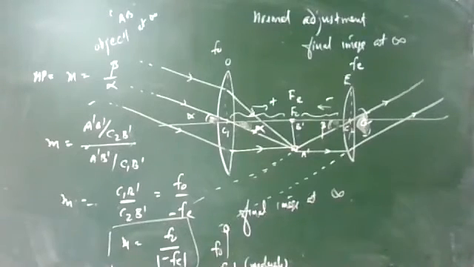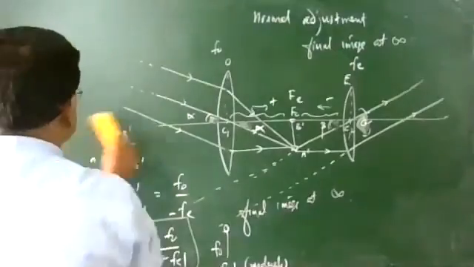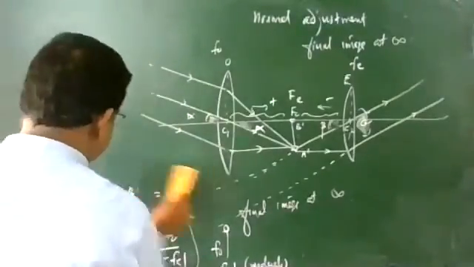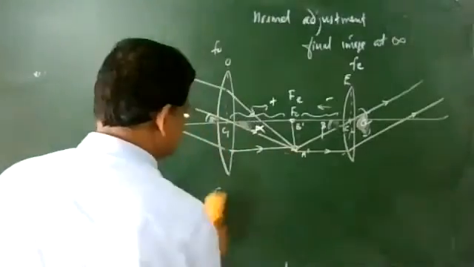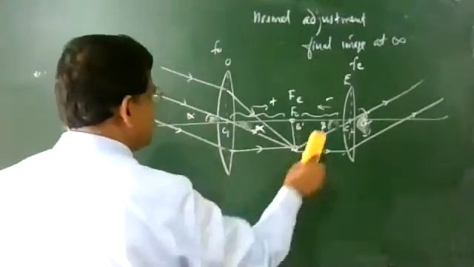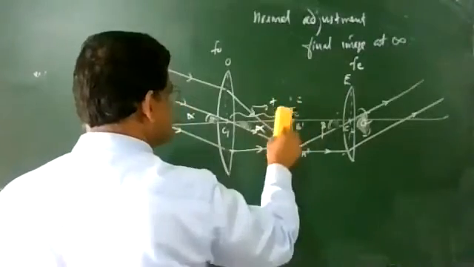What will the diagram be? A slight adjustment in this, the same diagram can be used. The magnifying power will be slightly different. The final image will be at the least distance of distinct vision.